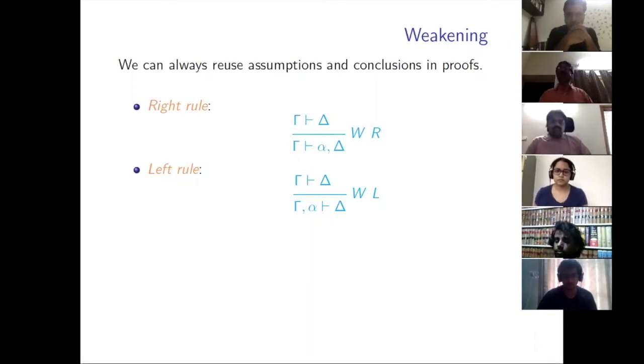So this is the formal meaning of saying that on the right hand side, whatever you've got behaves like disjunction. And this one says that whatever you've got on the left hand side behaves like conjunction. So I hope the meaning is clear. Then this is weakening.